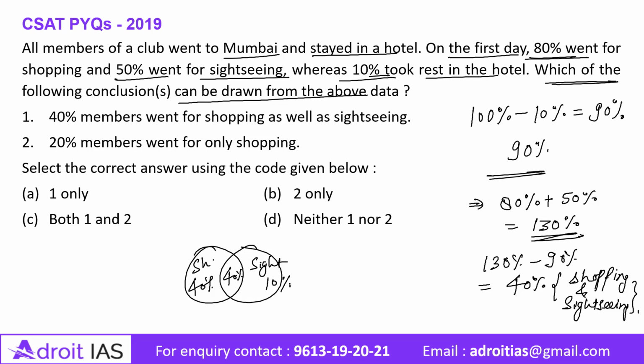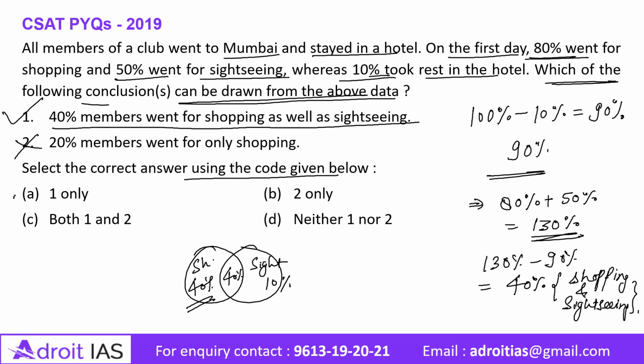Okay, now question is, which of the following conclusions can be drawn from the above data? The first conclusion is 40% members went for shopping as well as sightseeing. This is correct. Next is 20% members went for only shopping. No, 40% members went for only shopping. This is not correct. So 1 only. Select the correct answer using the codes given below. 1 only, right? Everyone, the first choice is the correct answer.